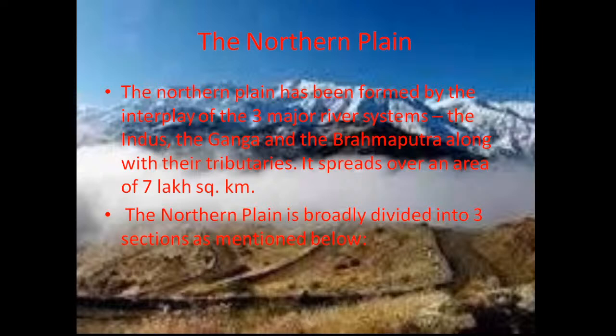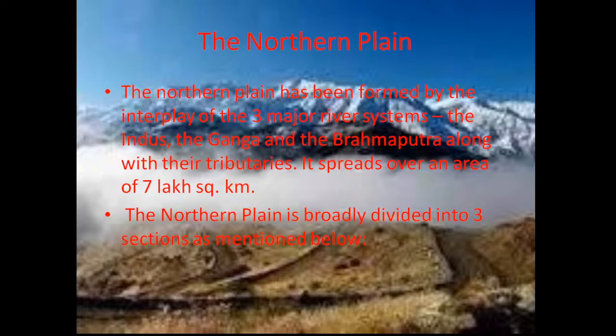And the next one is Namcha Barwa, and the height is 7756. Then the next one is Gurla Mandhata in Nepal. The height is 7728 meters. Now children, today I am going to begin with the northern plains.